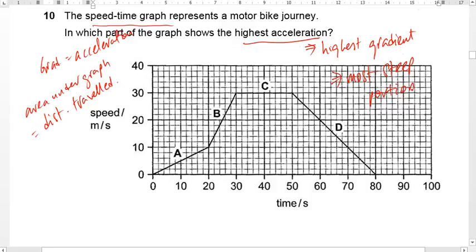There are 4 portions over here. Which one is the most steep? Zafira, which one is most steep? B, yes. It is most difficult to climb this slope. So answer is B.